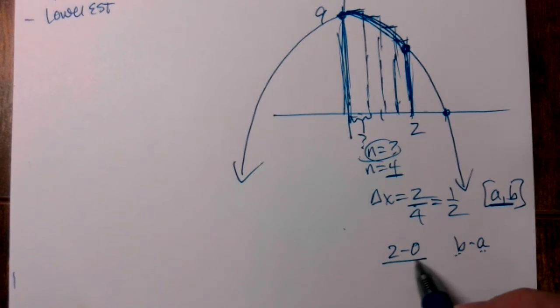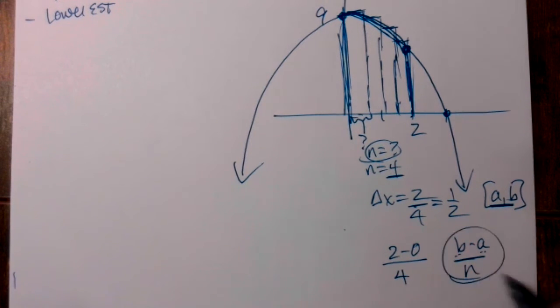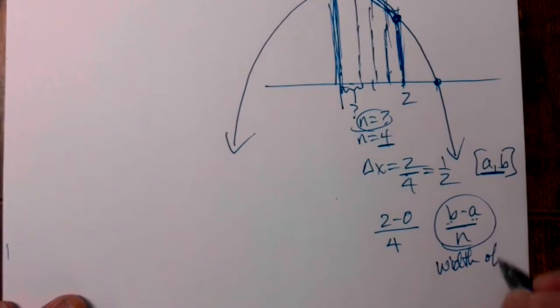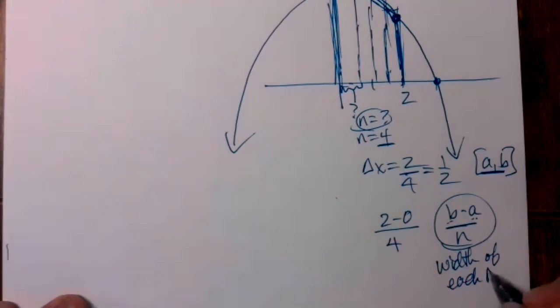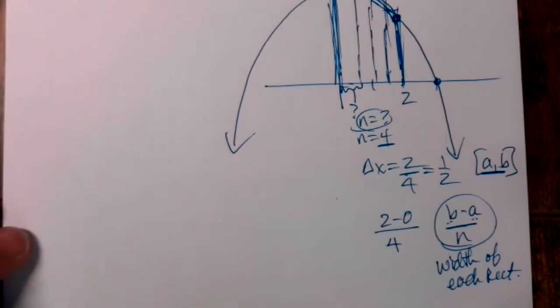And if I divide by, in this case, I divided by 4, well, now I'm going to divide by n. And so this is the width of every rectangle. This is going to get a little technical, so stay with me.